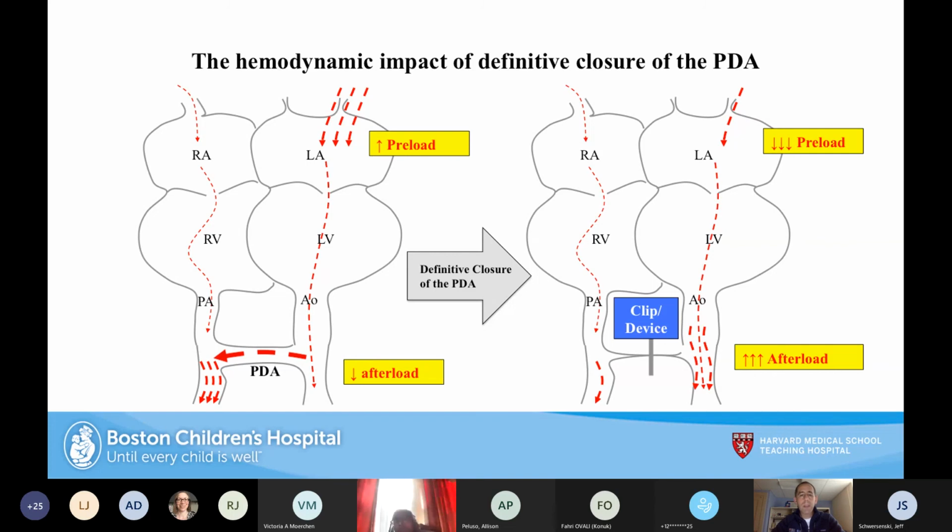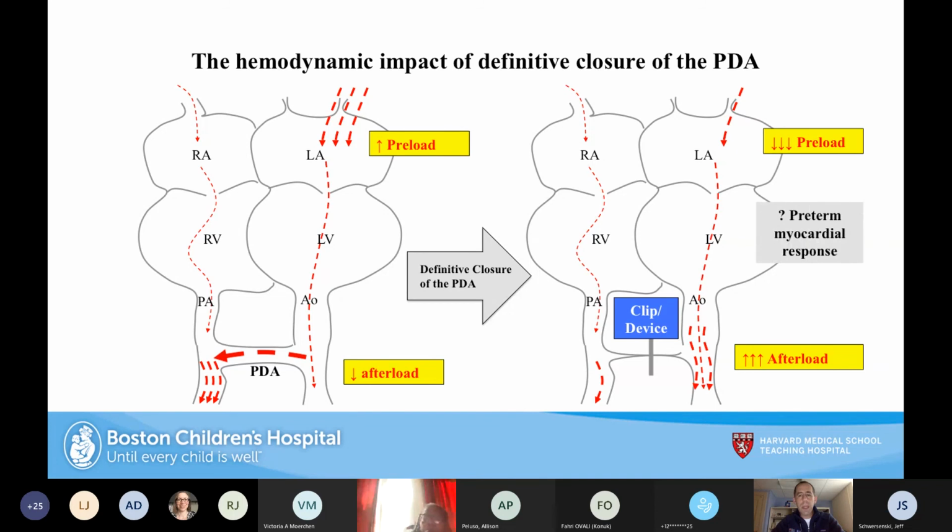And all the blood that was supposed to go to the lungs doesn't go to the lungs, and it doesn't come to the left atrium, so there is a decrease or normalization in the preload. So you have less blood coming to the left atrium, and all the blood that's going out to the body that was supposed to go to the lungs, the body says, I don't want all that blood, and will increase its afterload. So you have a state where you have a decrease in preload, an increase in afterload.